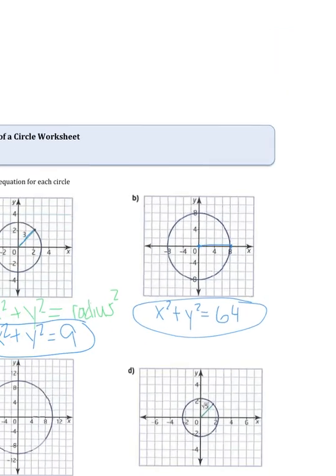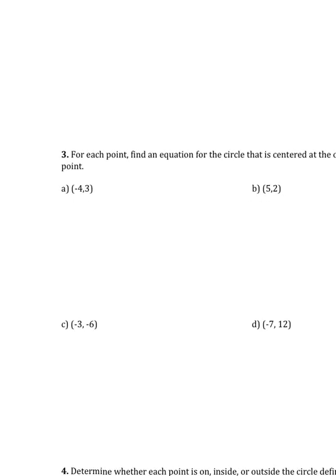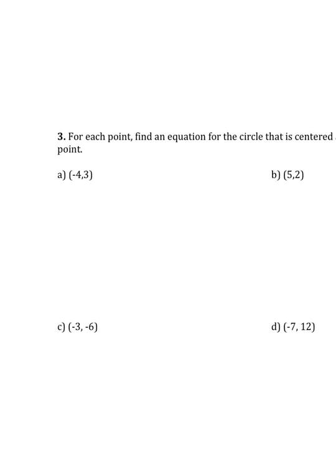The ones that are a little more work, but just as straightforward, are problems like this right here. So now they tell you that you have a circle. It's centered at the origin, and it's going through a point at -4, 3.